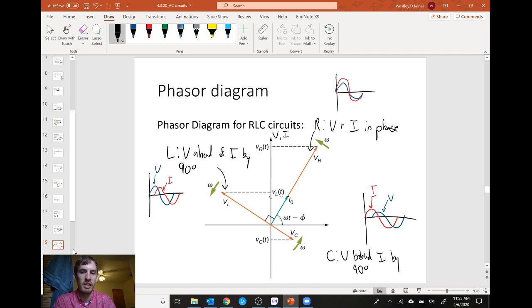As time goes on, that voltage increases and decreases, increases and decreases. As this voltage for the resistor spins, this VR(t) will increase until it's a maximum when the voltage across the resistor is maximum. And then the voltage across the inductor will decrease, and be a minimum here.